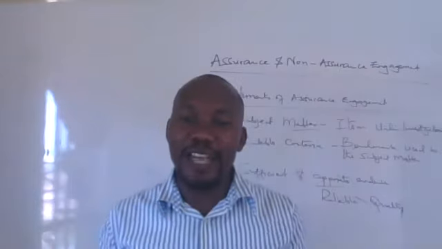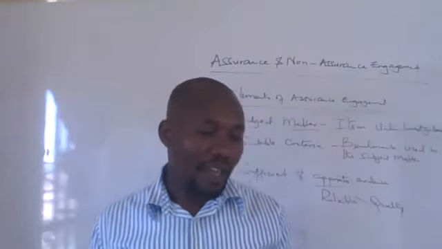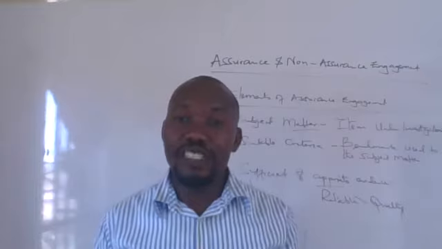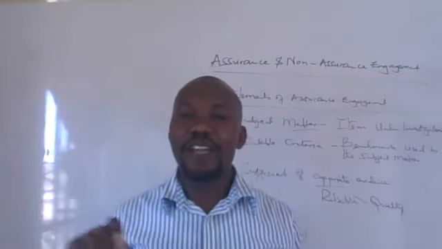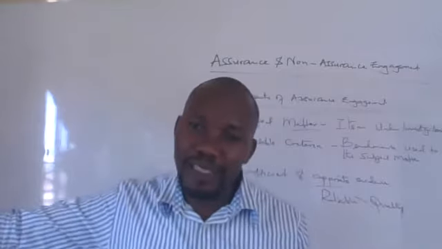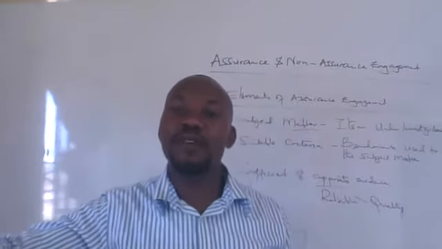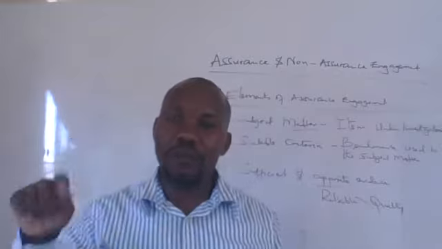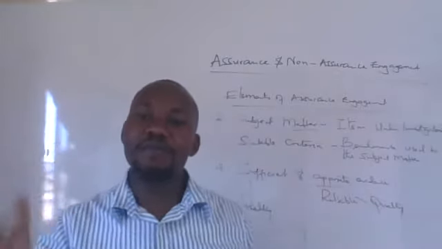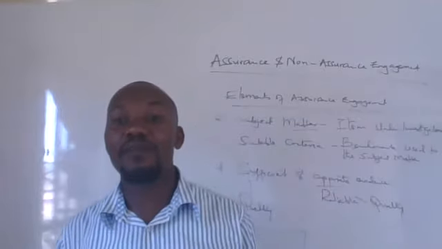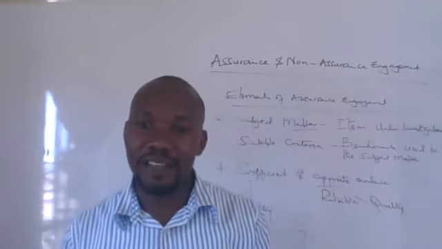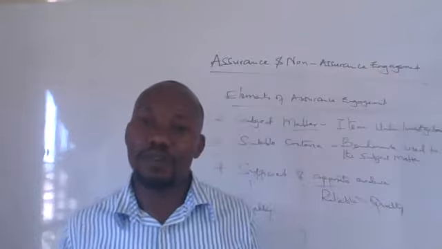If the client gives me directly, then the client might lie. He might only tell me what he feels will favor him. But if I send a letter to a third party, he will tell me the truth, especially when it is independent. So when you're giving that point, say evidence received from an independent third party. That is better evidence than the one that you collect from the client. The client might lie, might give you only what favors him.